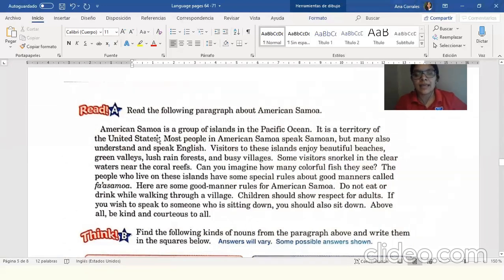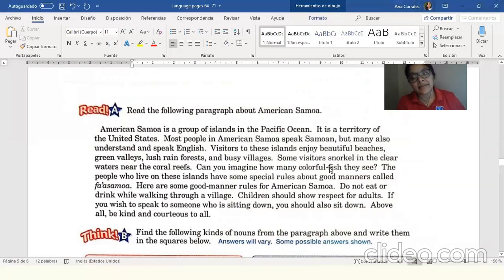American Samoa is a group of islands in the Pacific Ocean. It is a territory of the United States. Most people in American Samoa speak Samoan, but many also understand and speak English. Visitors to these islands enjoy beautiful beaches, green valleys, lush rainforests, and busy villages.